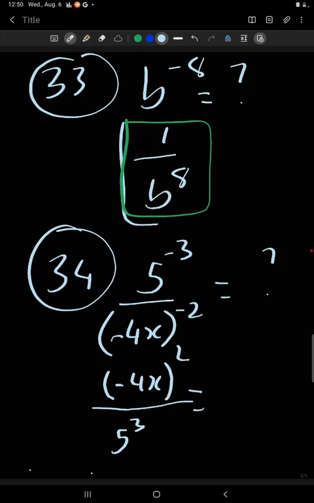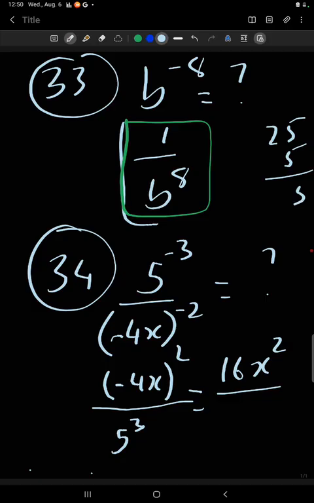Okay, so now negative 4 squared, that gives us 16. X squared is just x squared, and then divided by, I think it's 125. 25 times 5, 125. Okay, so divided by 125.